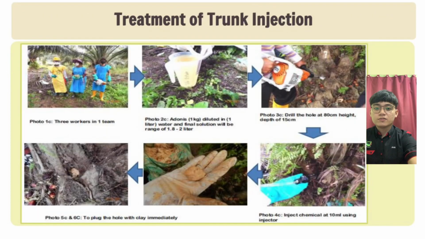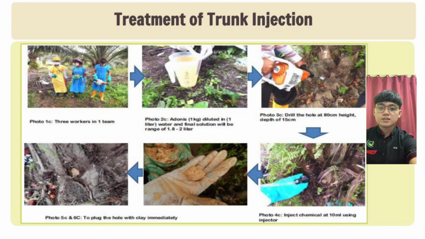So this is the flow of trunk injection treatment. As we can see in photo 1.c, there are 3 workers in one team. The two using blue aprons will conduct the pesticide treatment, and the one using a yellow apron will do the inspection.